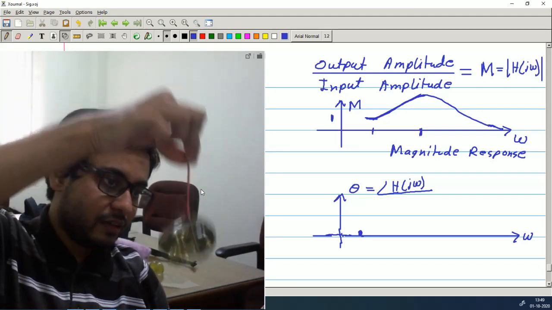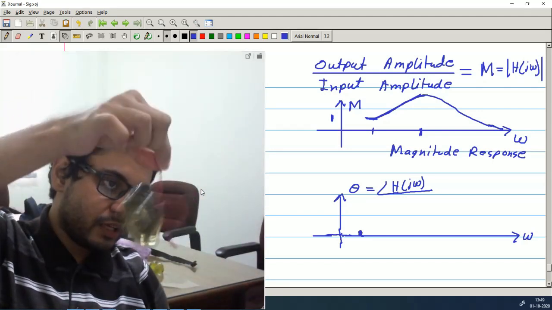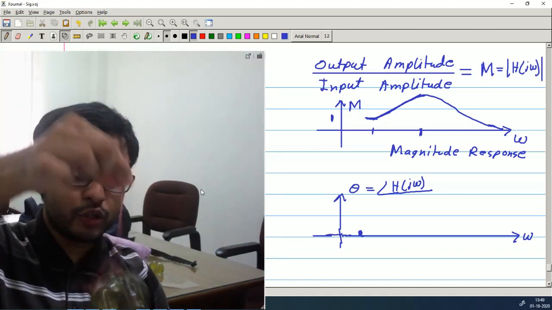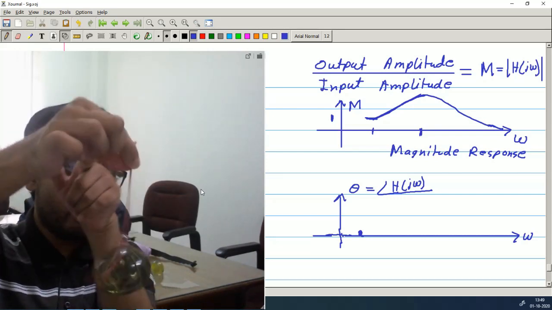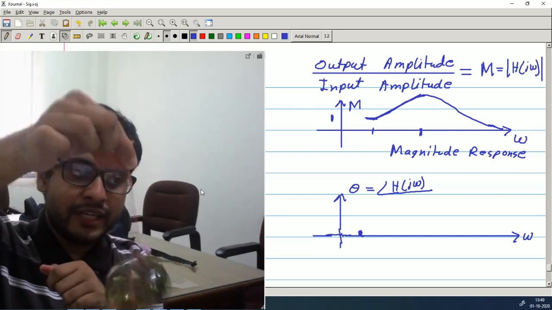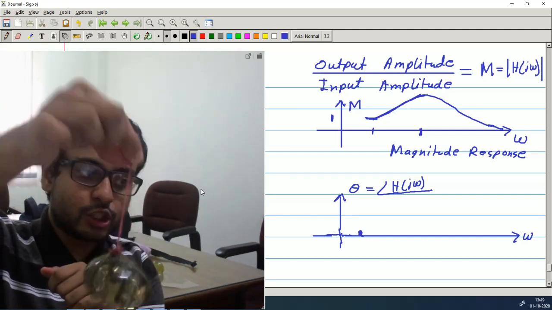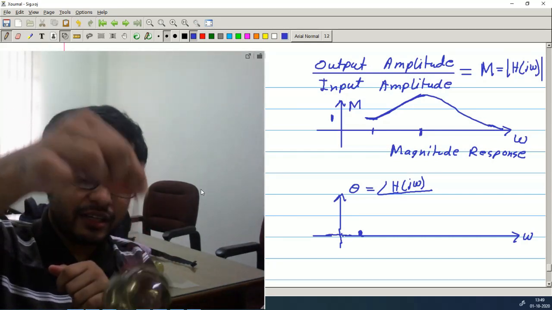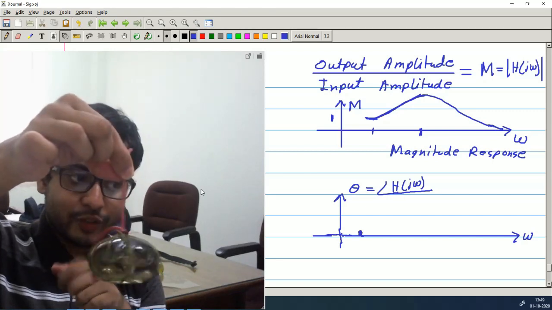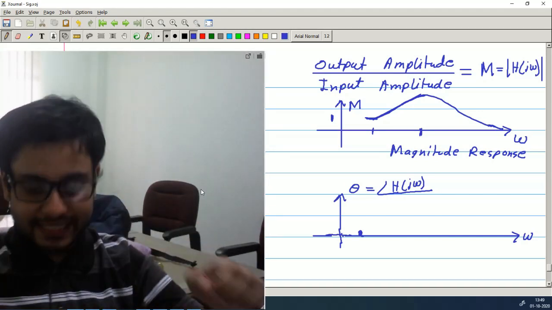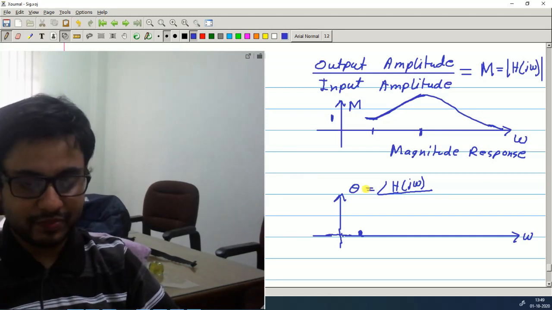I mean, I don't know whether it is visible in this video, but if you do it yourself, you will feel the force in your hand, and you will realize that when I am moving it up, the weight is going down, and vice versa. So there is a gap, in fact almost 180-degree gap at some frequency.